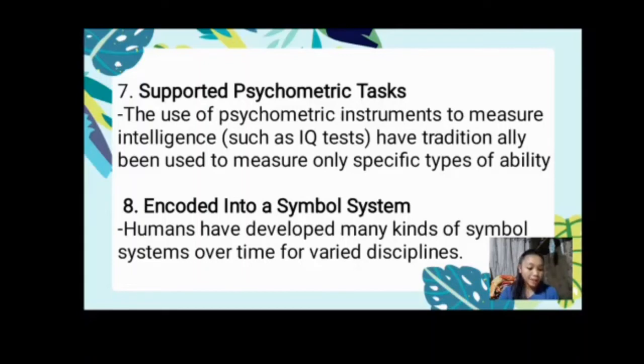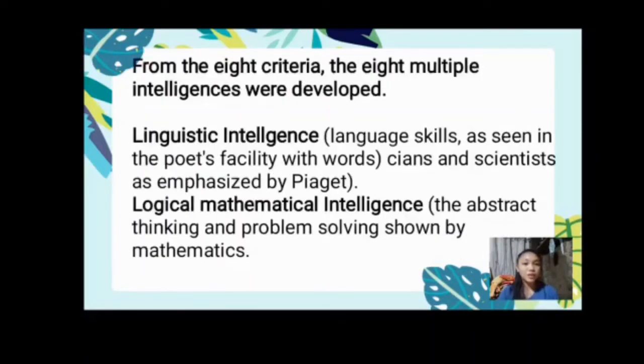From the 8 criteria, the 8 multiple intelligences were developed, which are linguistic intelligence, language skills as seen in the poet's facility with words, and sciences as emphasized by Piaget. Logical-mathematical intelligence, the abstract thinking and problem solving shown by mathematics.